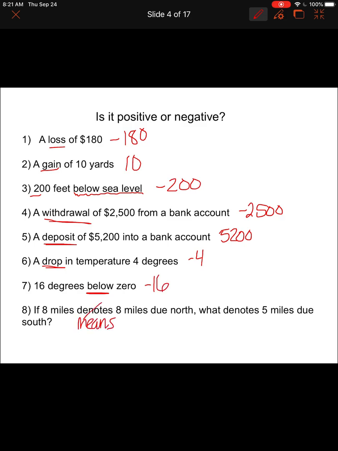Let me use some words that we know here. If 8 miles means 8 miles due north, so if we're saying that north is positive, what means 5 miles due south? So that means what is south going to be? So south is going to be negative 5.